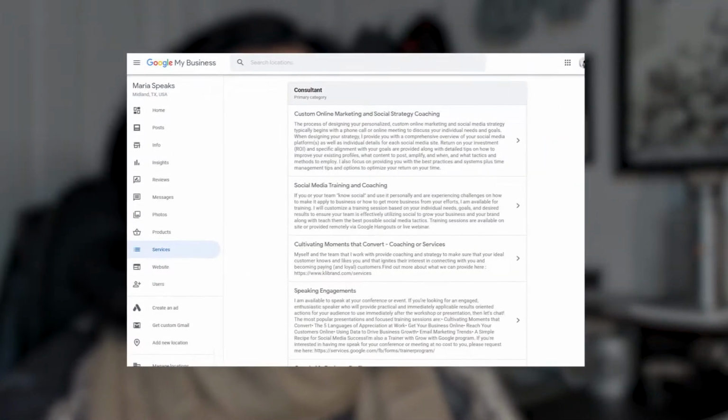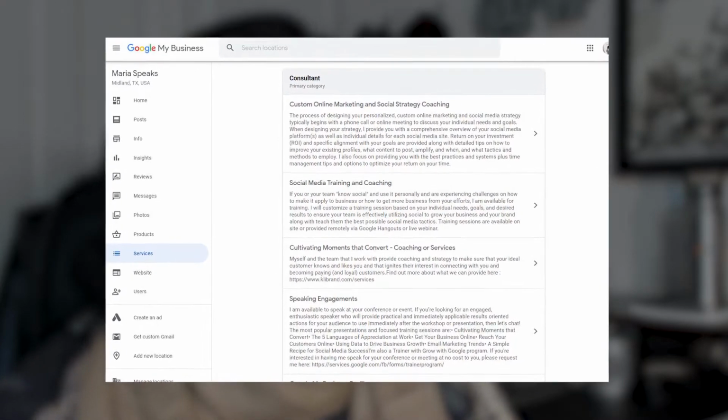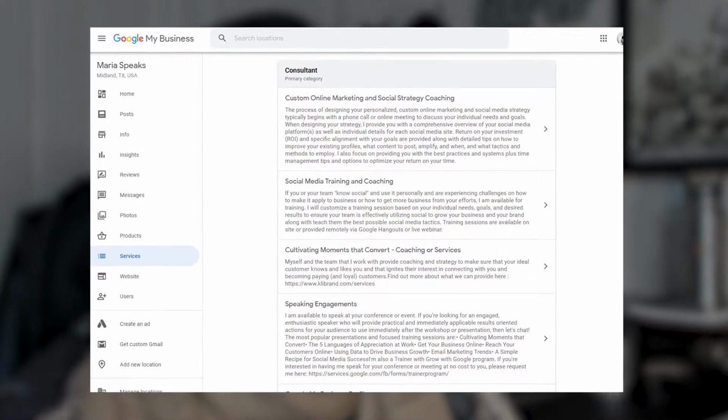Now, let's say you're not product-based. Let's say you're service-based. So now you're going to put in all the different services that you provide to people. Again, I do want you to slow down and really think about how people search and answer those 3 questions, now focused with your services in mind. What does somebody do when they know your name and they know that you have a service that can help them?